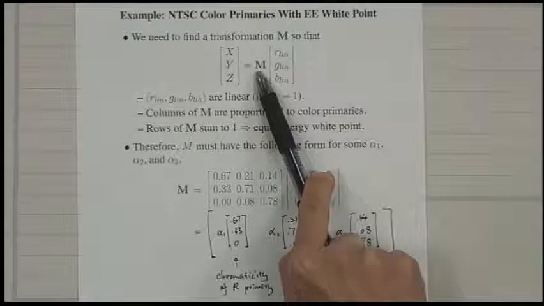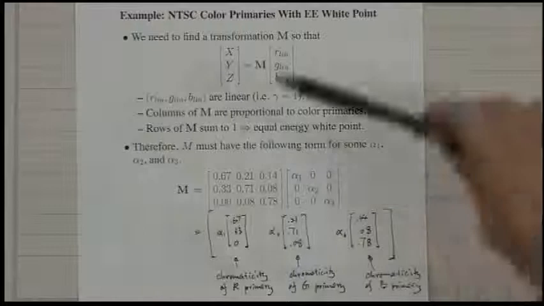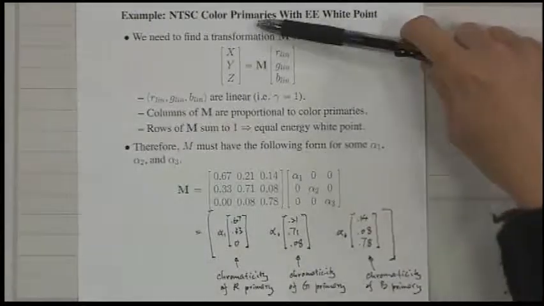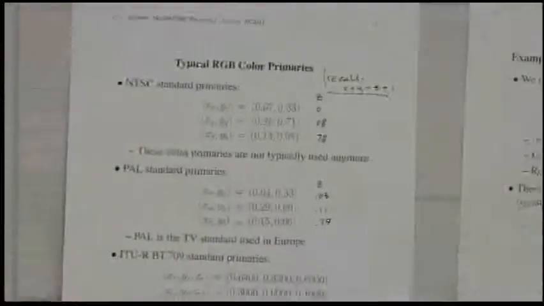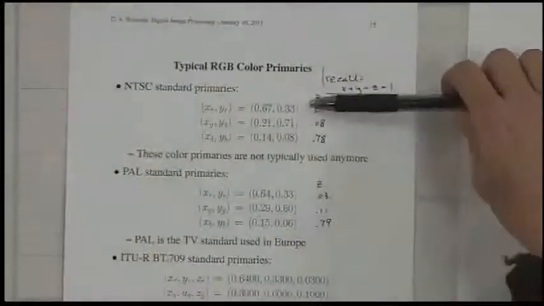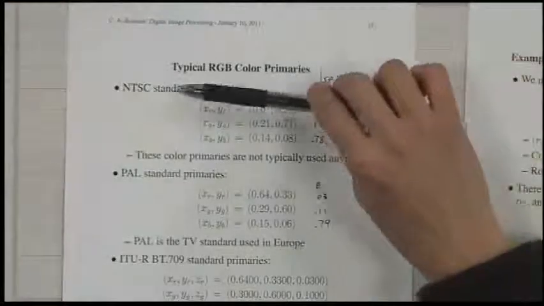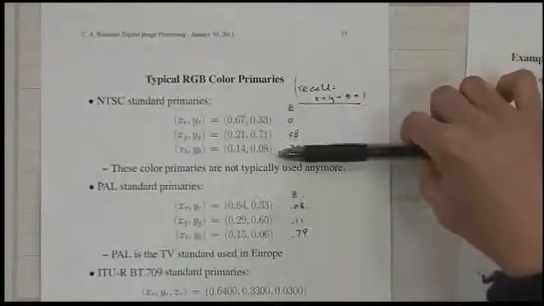But if you think about it, this particular color 1, 0, 0 corresponds to the R primary of the NTSC standard. In the previous slide, we mentioned that the chromaticity of NTSC would be these nine numbers for RGB.